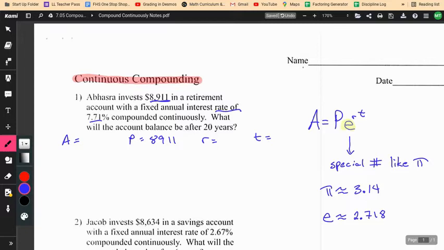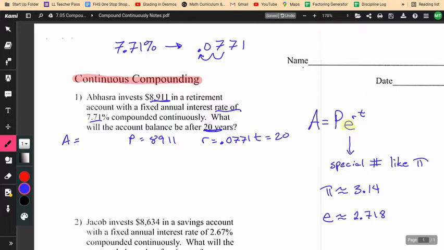So I need to rewrite this as a decimal, which gives me 0.0771. That's a common mistake. We have 7.71%, written as a decimal, we move the decimal place 2 places to the left. And then we want to find out how much we're going to have after 20 years.